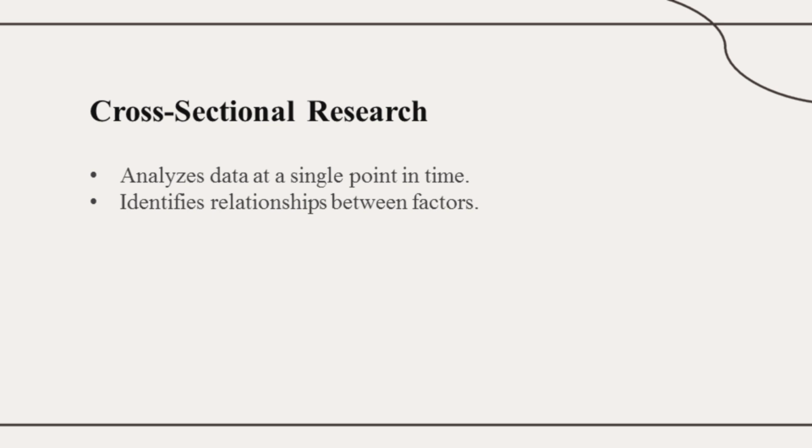Next is cross-sectional research. It is analyzing data over a brief period of time or at a single point in time to identify the relationship between factors without the need to observe them for a long period of time. So in cross-sectional research, we will be studying the population only for a single or brief period of time.